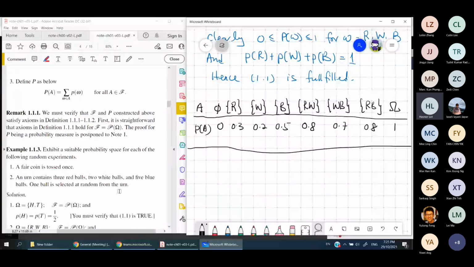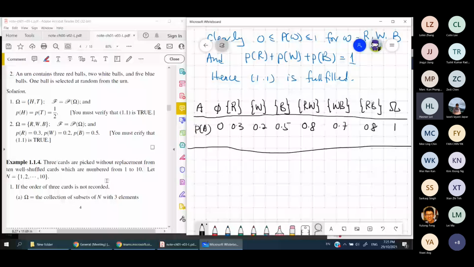Professor, sorry, just want to ask about the interpretation. RW means you get either one if you toss twice, right? What is the event RW? It's not for one single event, right? Because you just take one ball. Okay. The event is like when we put R, that means the ball that we pick is red.